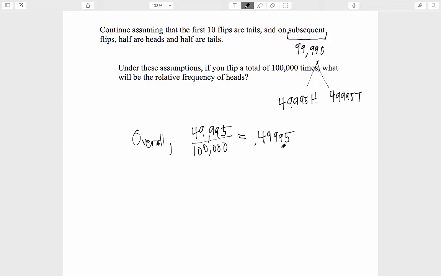On the contrary, just having an equal number of heads and tails on all subsequent flips is enough by itself to overwhelm the effect of the initial run of tails. This is enough for the relative frequency to keep getting closer and closer to 0.5. So no extra heads, no compensating heads are needed in order to achieve this.